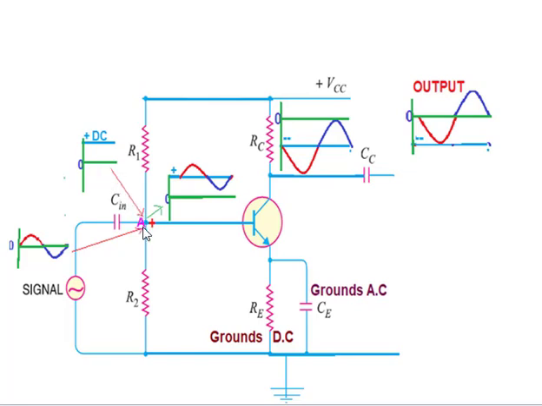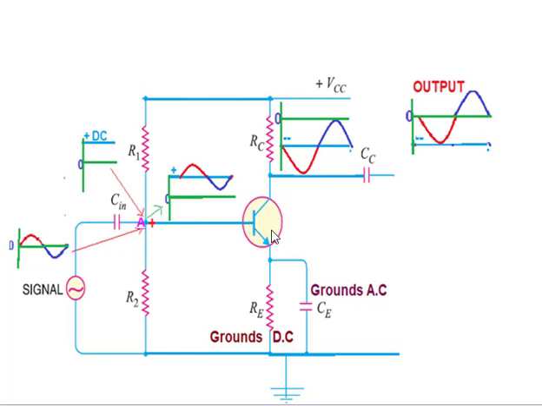Both are combined, the AC input signal and the DC level, and form the waveform like this. This is the DC level. This is the input signal. So both are combined here. Totally this is taken as a positive voltage which is passing through the base.